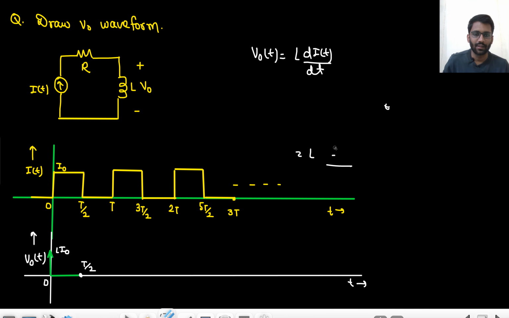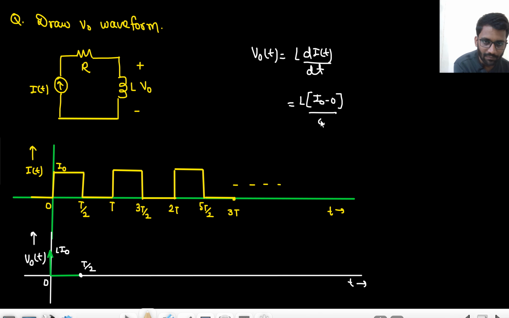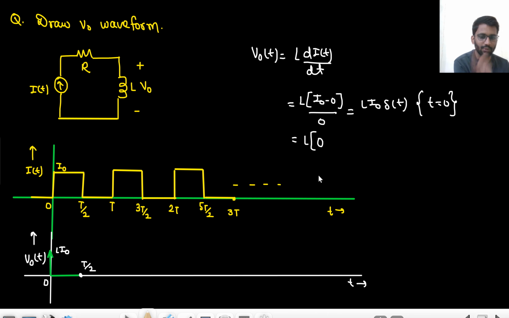Okay, I think I can write it clearly as well. The current is changing from 0 to I naught in no time, so L I naught delta t at t equals 0. Now the current is changing from I naught to 0, so the final value is 0, the initial value is I naught, in no time.